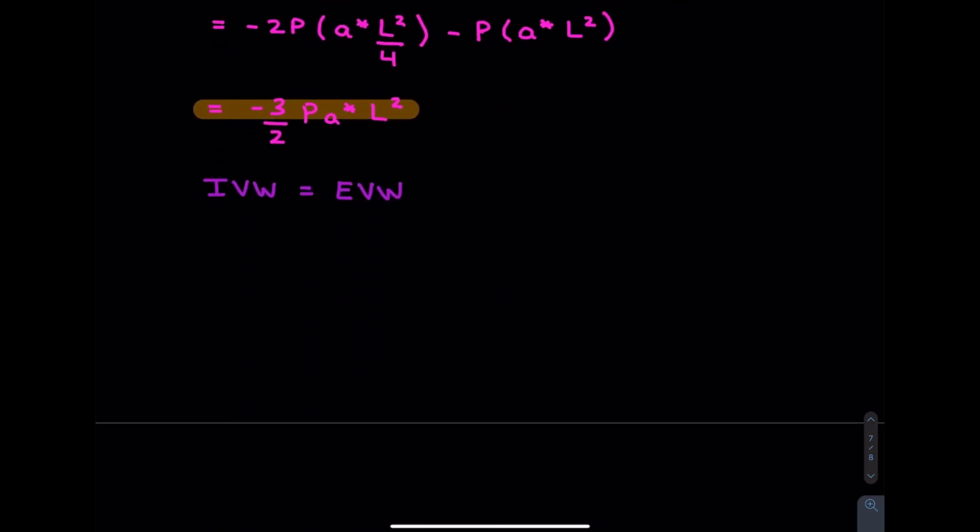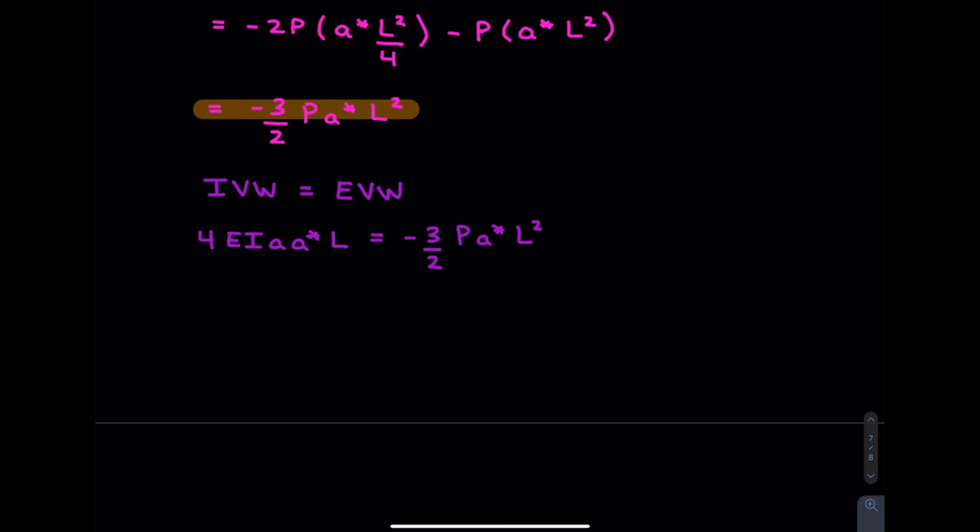We have 4 times EI, A times A star times L. This is going to be equal to our external virtual work, which we have right above, which is equal to negative 3 over 2 times p times a star times L squared.